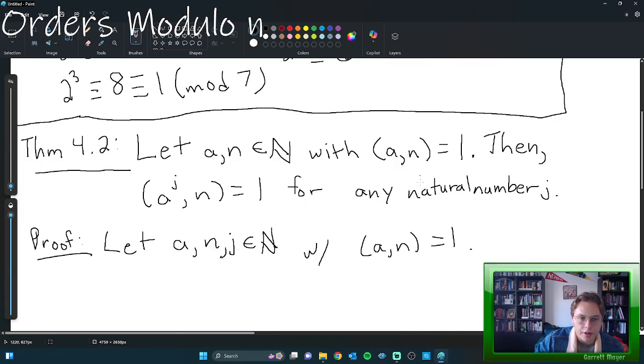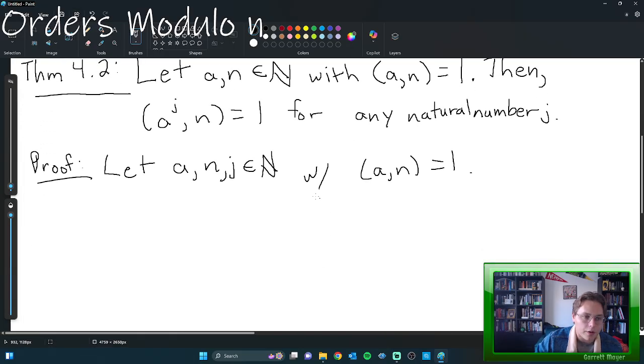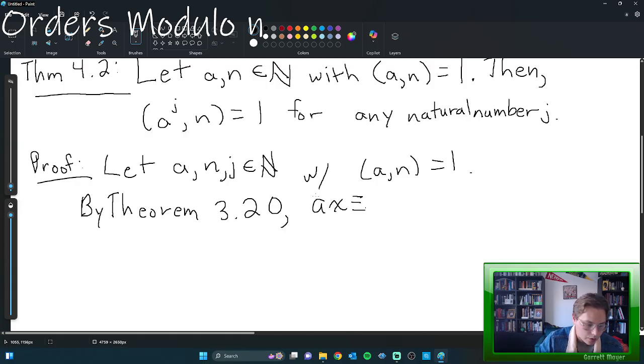Now, obviously, 1 divides 1. So by theorem 3.20, which is the one about solutions to these modular equations, the linear congruence ax is congruent to 1 modulo n has a solution.